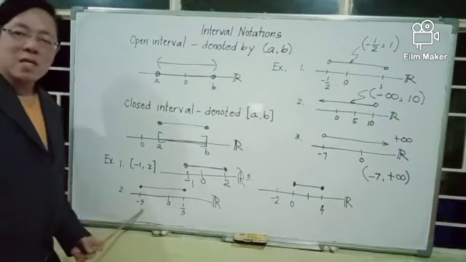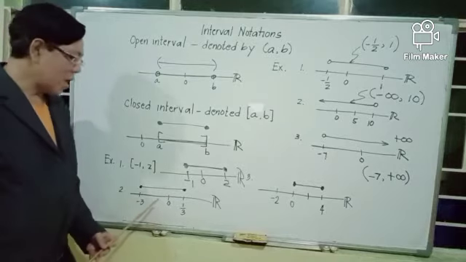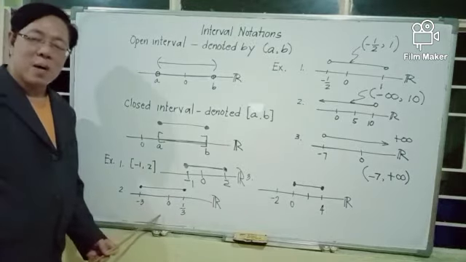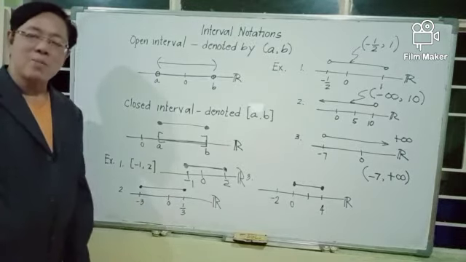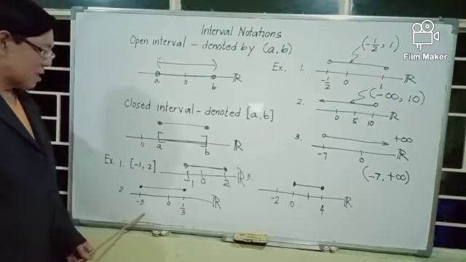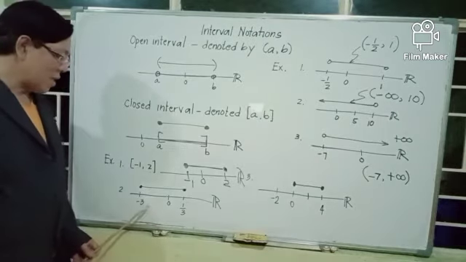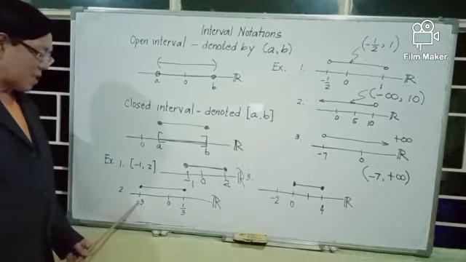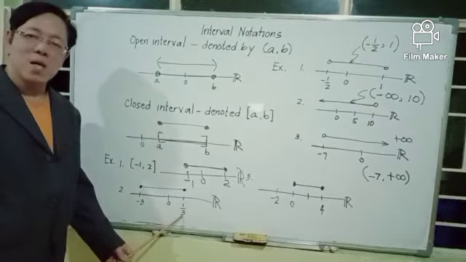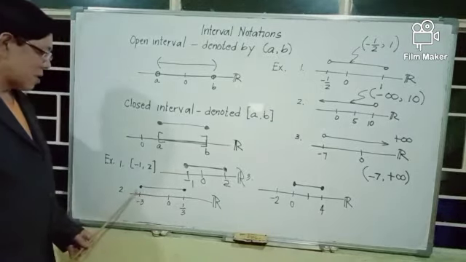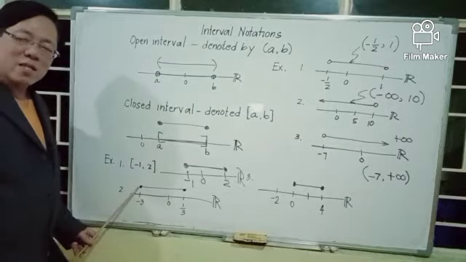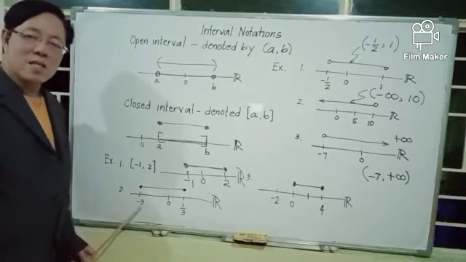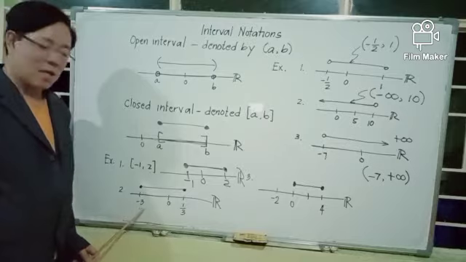In number 2, we are given a diagram, and we write the set of numbers in this diagram using interval notation. You can see that in this diagram, we have a set of real numbers from -3 to 1/3. And because at -3 we have a shaded small circle, that means that -3 is included in the set.